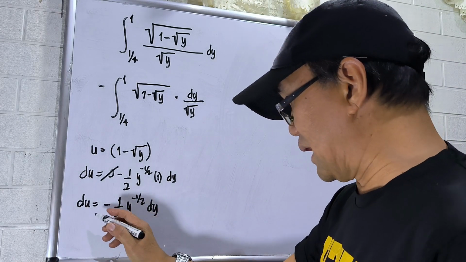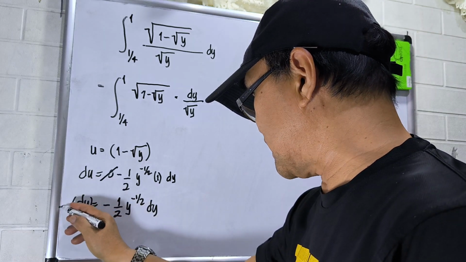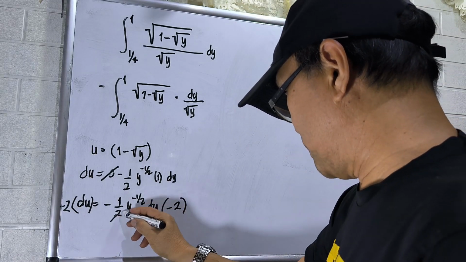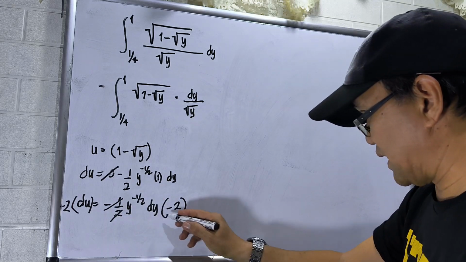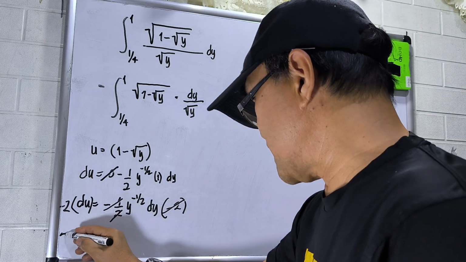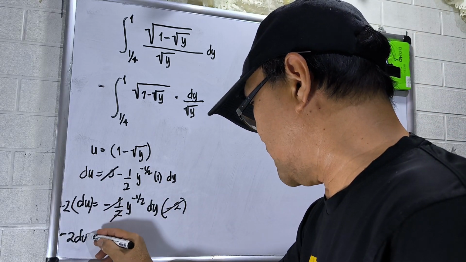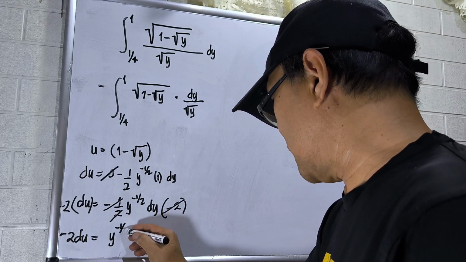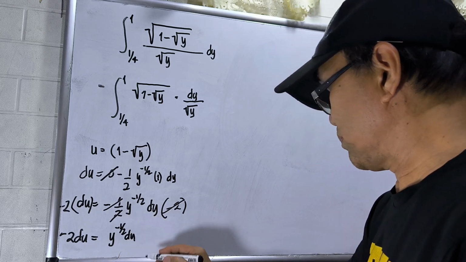I will multiply both sides by negative 2, so this will be crossed out, including the negative sign. So negative 2 du will be equal to y raised to the negative 1/2 dy.